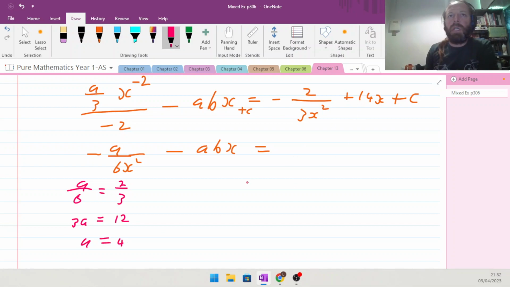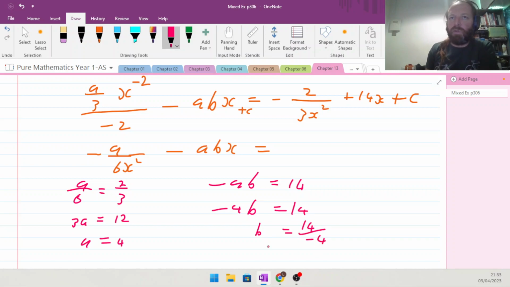When you come over here, we have minus ab gives us 14, and we can substitute in a value for a of 4, so minus 4b equals 14, and so b is equal to 14 divided by minus 4.